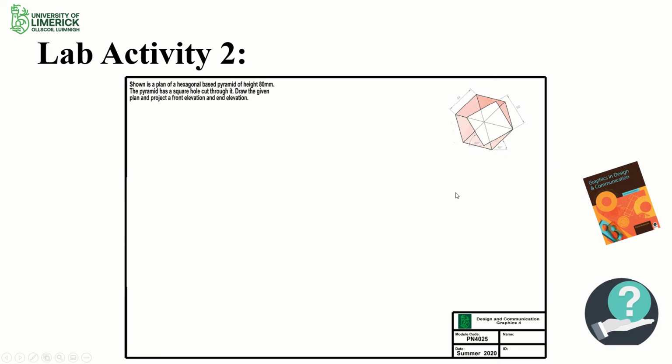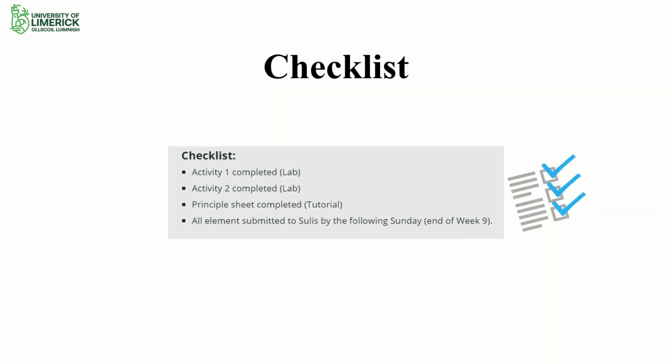For example, you are using your orthographic views, and depending on how you tackle this, you might need an auxiliary view. As well as that, you're obviously using rebatment, which is rotations to an extent, and there are plenty more principles at play that you can link back to this that we've previously covered in other tutorials or other principle sheets.